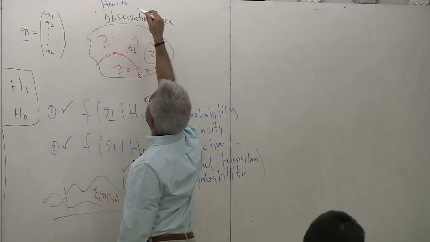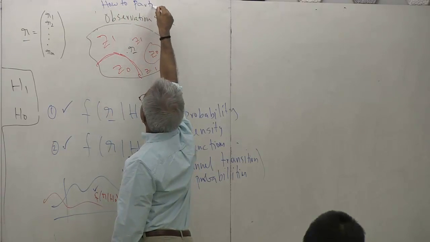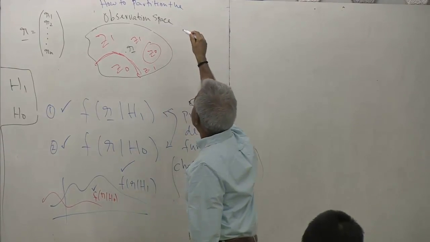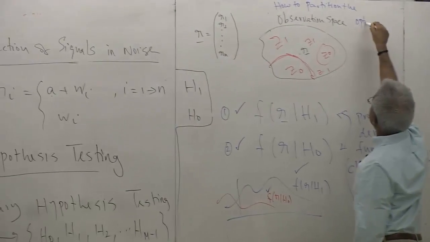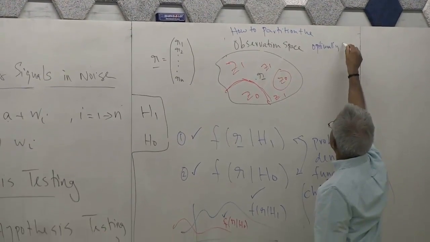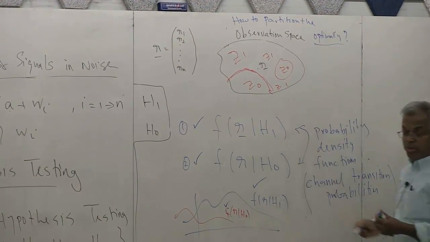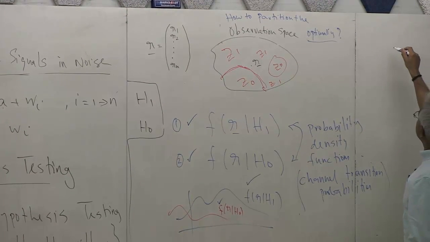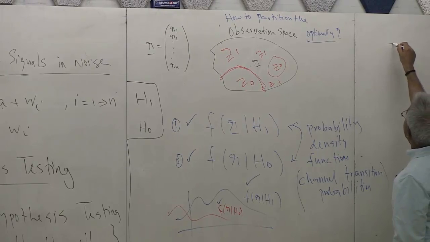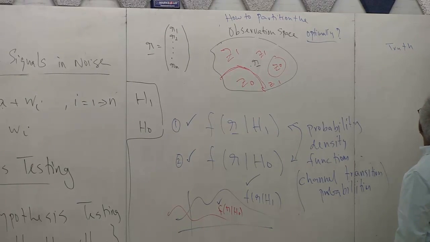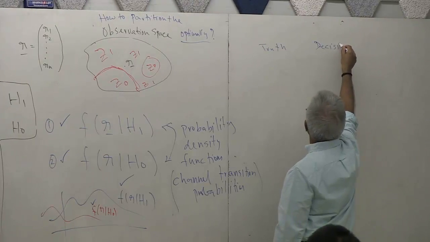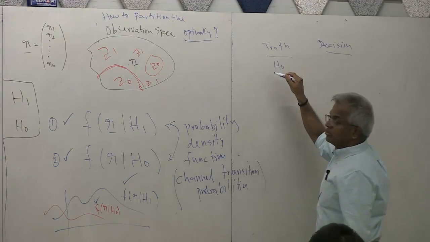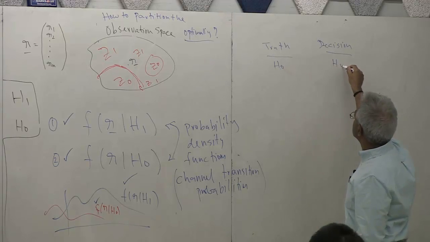So the problem here is how to partition the observation space optimally. So the question is, what do we mean by optimally? If you look into binary hypothesis testing, the truth is and the decision. So truth is, you can have H naught and the decision is H naught.